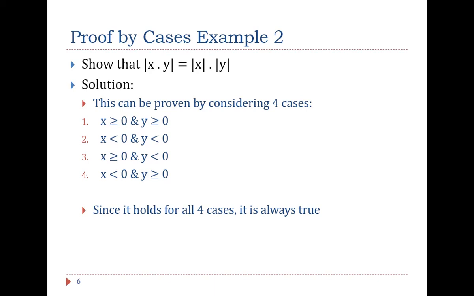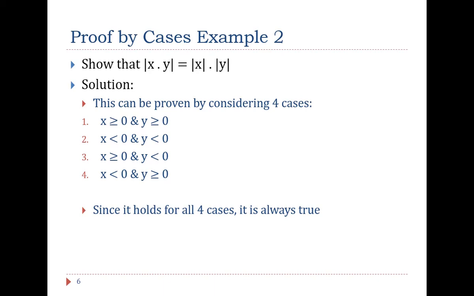No, it's not. Actually, each case cannot be proved by instantiation, because we have to prove it for every x greater than or equal to 0 and for every y greater than or equal to 0. So here you get back to a very basic proof. For example, a direct proof works here. You know that x times y is positive, so the absolute value of x times y is equal to x times y.